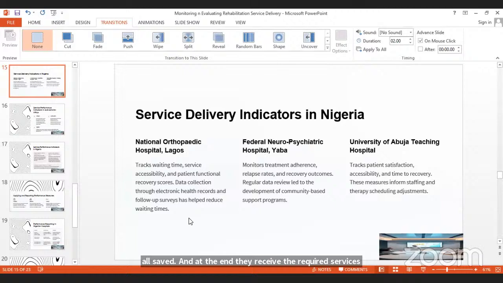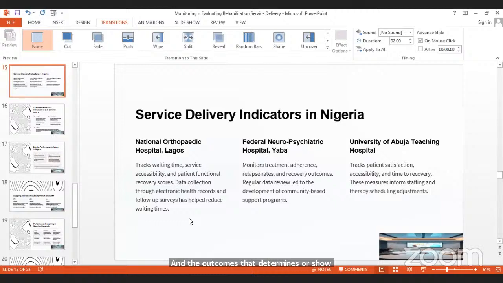In the case of the Federal Neuropsychiatric Hospital, which is also in Lagos, they use monitoring of how well clients adhere to their given treatment. They also look at the rates at which the condition relapses and the outcomes that show the extent of recovery.